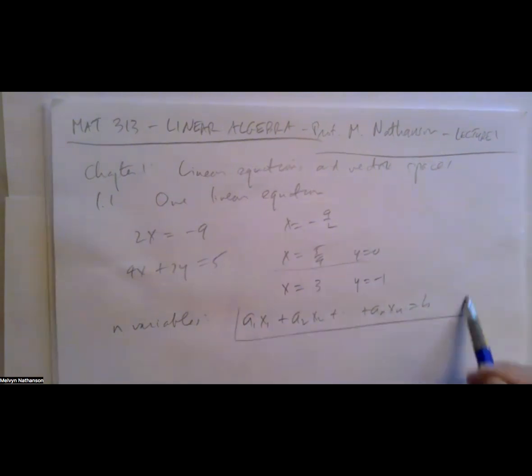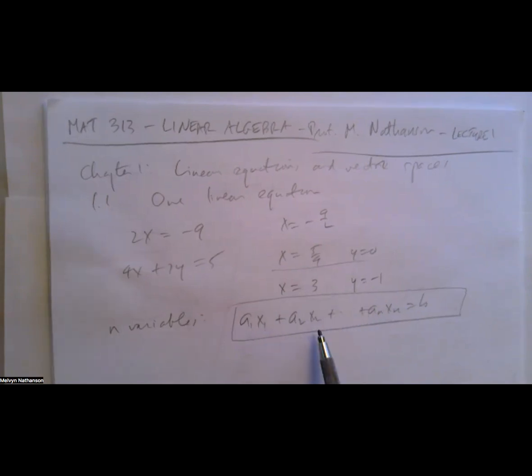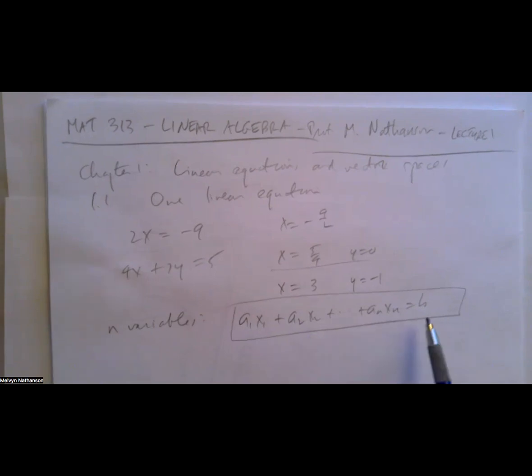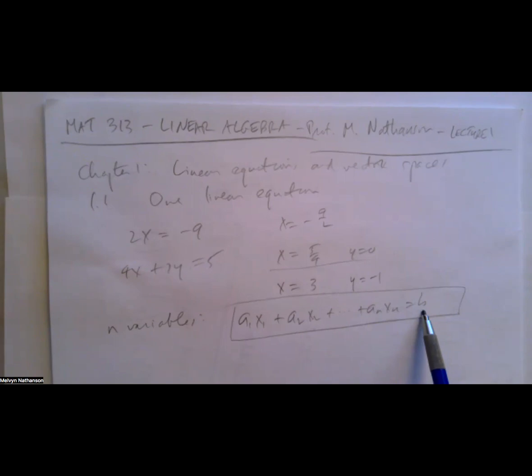So this is the standard form of one linear equation in n variables. You don't have any variables squared. It's not a quadratic equation. You can have more than one variable, but every variable occurs alone, or doesn't occur at all. The right-hand side has no variables.